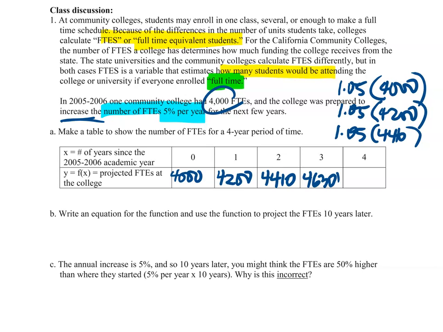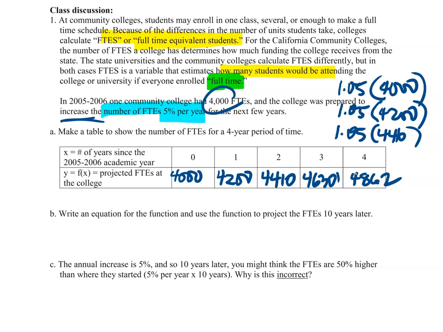Since we're talking about enrollment here, let's say approximately 4,631, and then increase by 5% again. With that, you will have here 4,862. Okay, so that is a 4-year period of time.